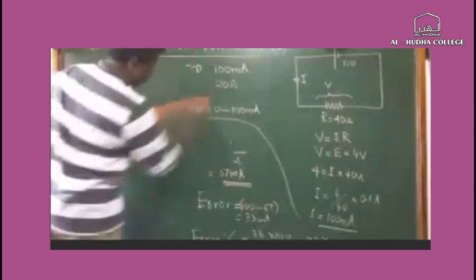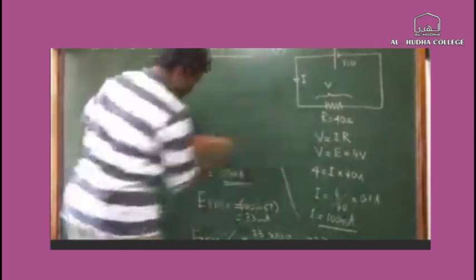To analyze what happens to this error, we will consider different types of circuits using the same galvanometer. I'll write it down here: the galvanometer has an SFD of 100 milliamps, so that means the range is 0 to 100, and it has an internal resistance of 20 ohm.